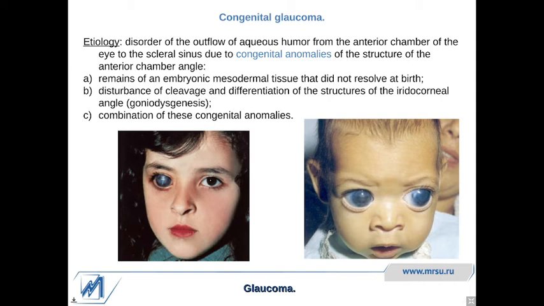Remains of an embryonic mesodermal tissue that didn't resolve at birth. Disturbance of cleavage and differentiation of the structures of the iridocorneal angle and a combination of these congenital anomalies.